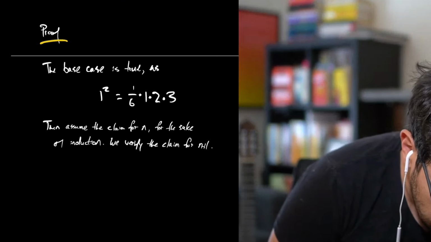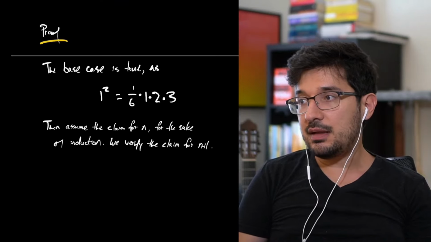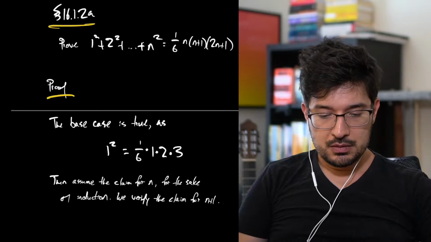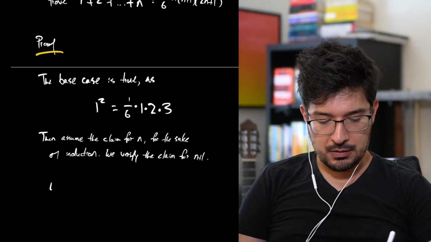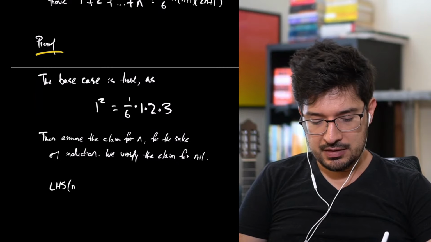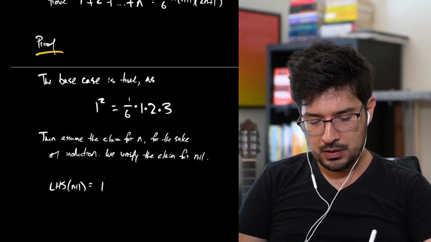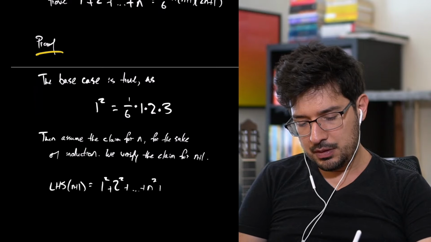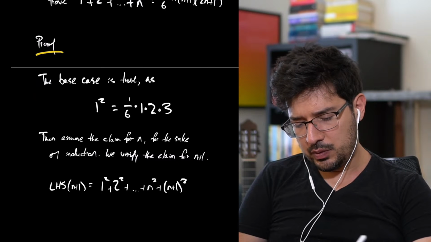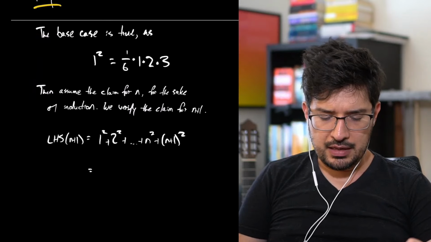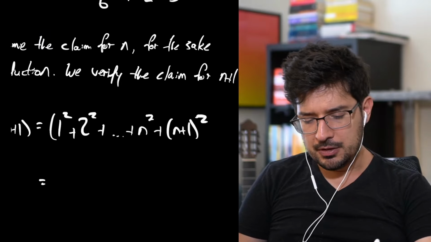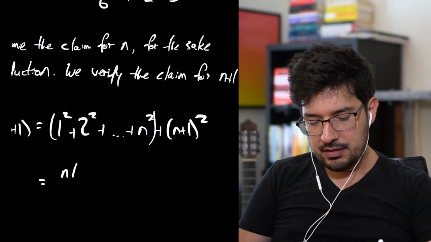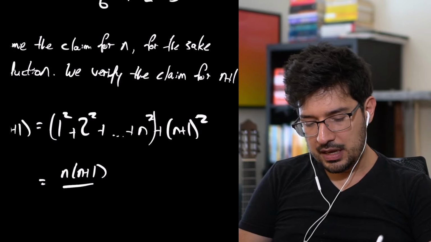So we want to verify that the claim is true for n plus 1, for the next number. So the left-hand side, when n is n plus 1, would be 1 squared plus 2 squared plus ... n squared plus n plus 1 squared. And just like in the last problem, we can group the first n as this by assumption.